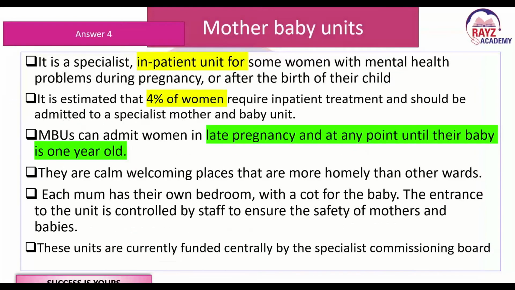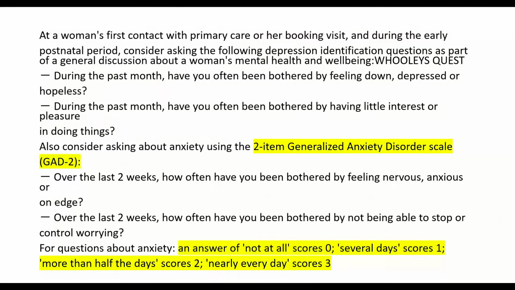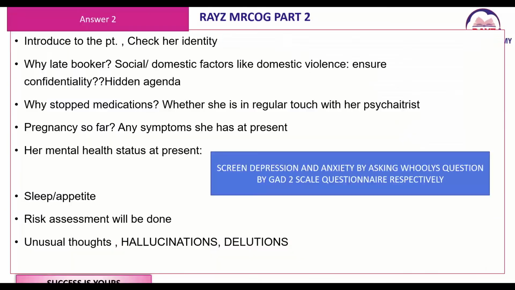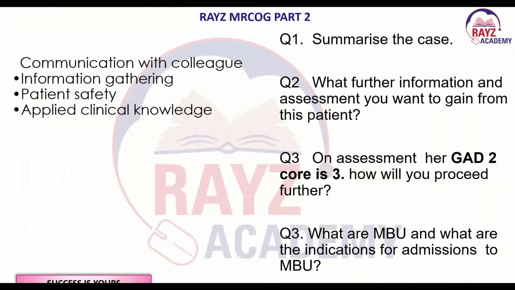Okay, there are some other questions which can be asked in the exam. We all know that during pregnancy or in the postpartum period, we are screening the mother for depression by asking the Whooley questions. This is the question slide.